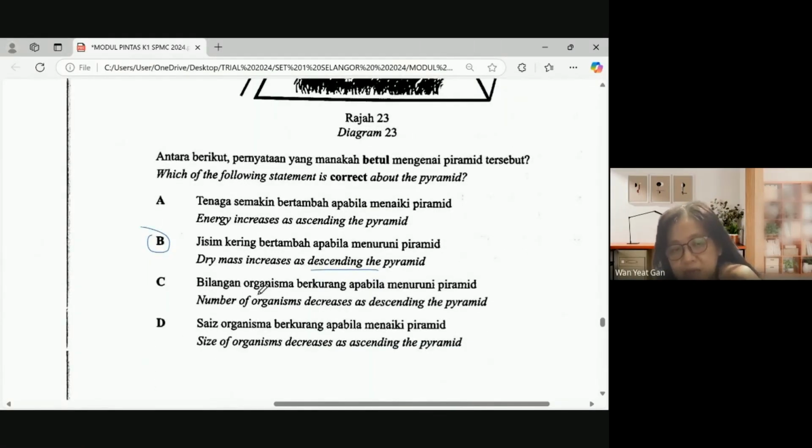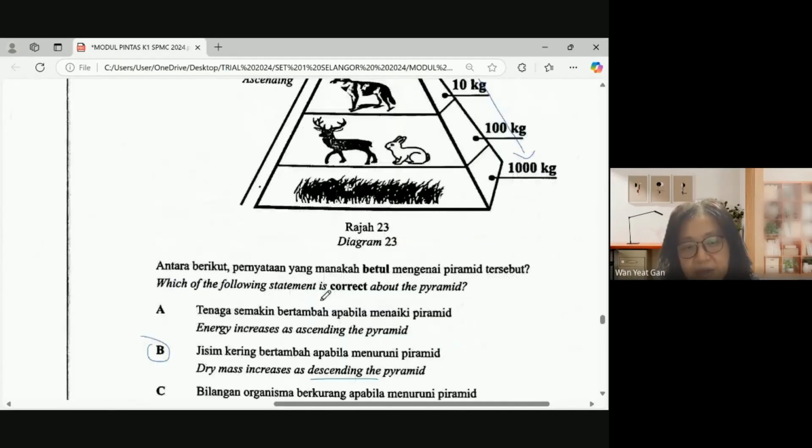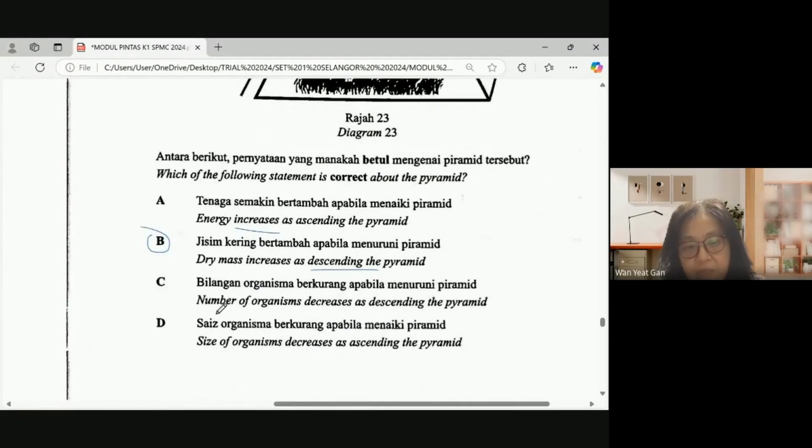Now, the energy actually decreases as ascending the pyramid. Number of organisms increases as descending the pyramid, and the size of organisms actually increases when it ascends the pyramid.